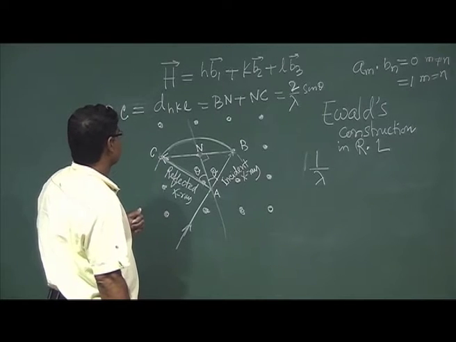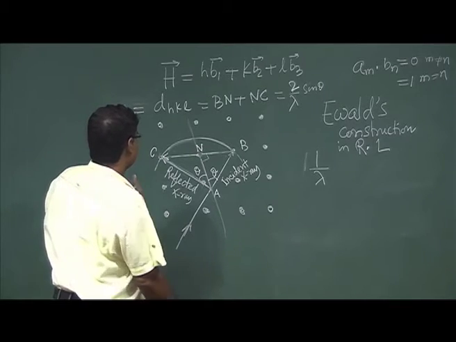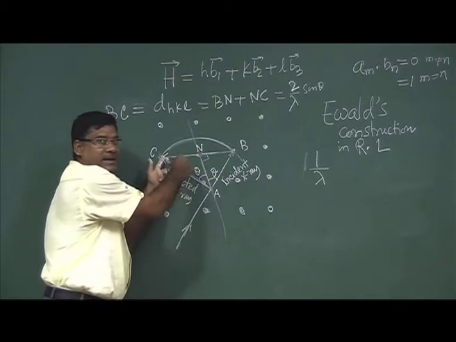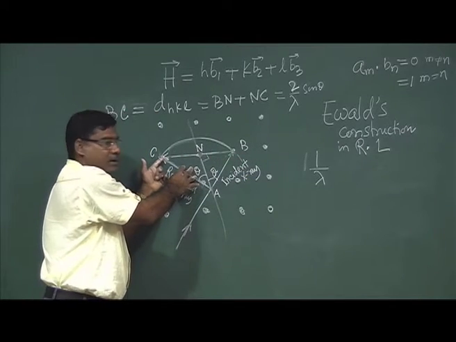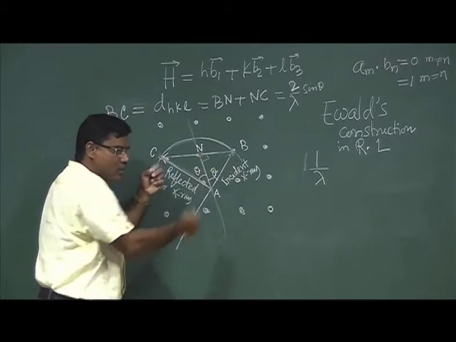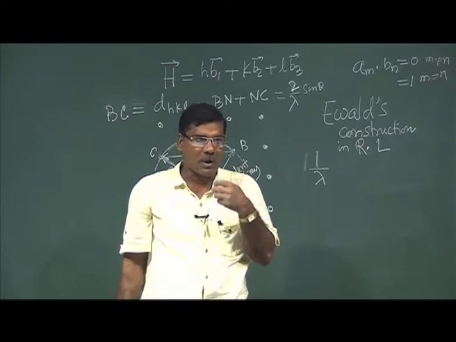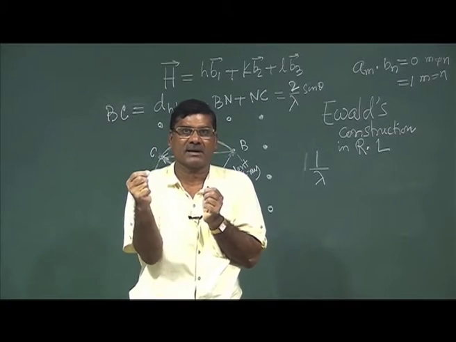Sorry, I made a mistake. This is in the reciprocal lattice, right. So this is normal to the plane, and the normal to the plane is basically the reciprocal vector.